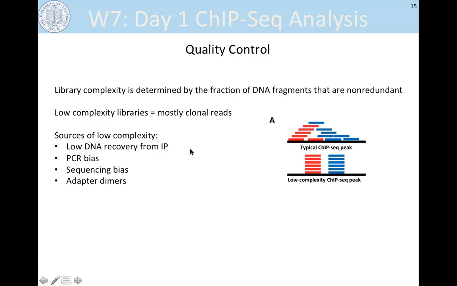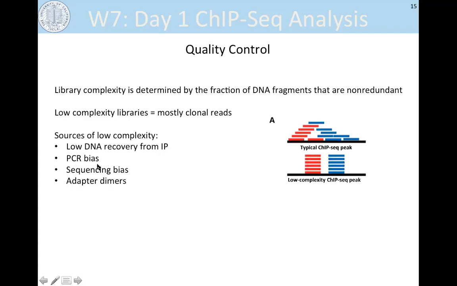So you have multiple copies of the same aligned read, and that will result in low quality data. And sources of low complexity libraries can be from a low DNA recovery from your IP. So if you are inputting a low amount of DNA into your library construction, then those fragments are going to be overrepresented, and you're going to have the same fragments seen over and over when you amplify with PCR, or when you sequence the same fragments multiple times.